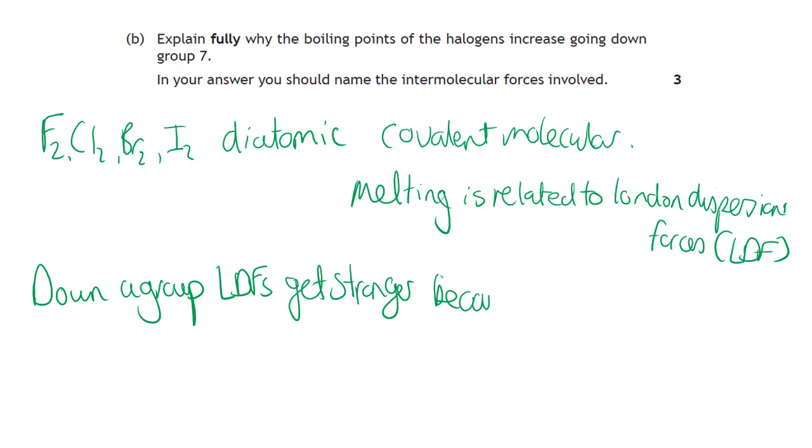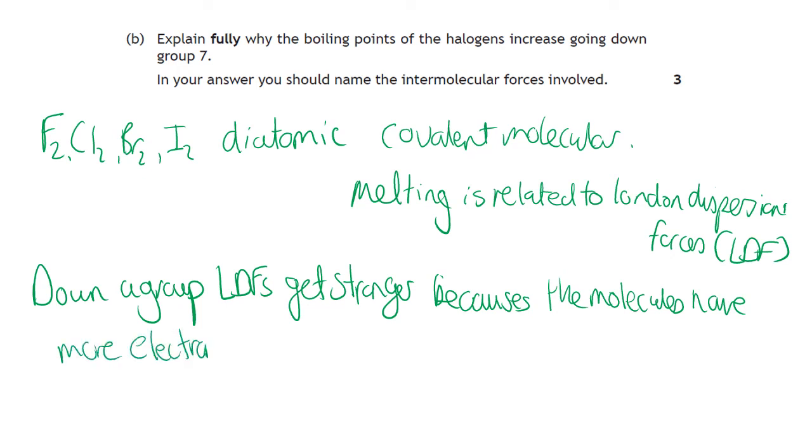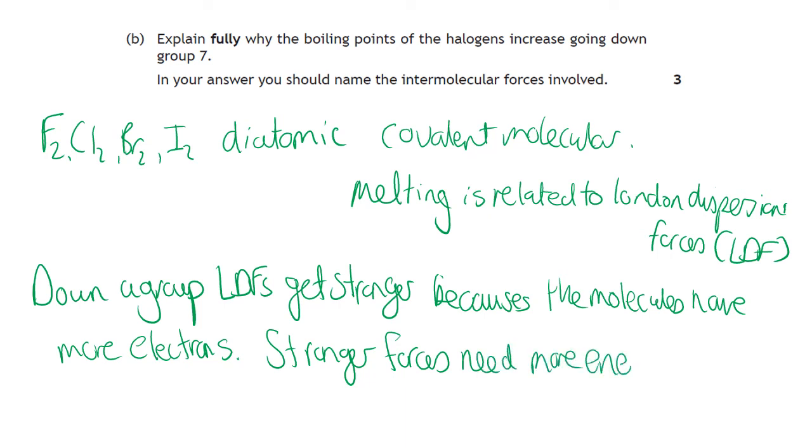Because, well, what makes London dispersion forces get bigger is because the molecules have more electrons. Stronger forces need more energy to break. And that's what means a higher melting point. Oh, boiling point is what I asked for in the question, boiling point.